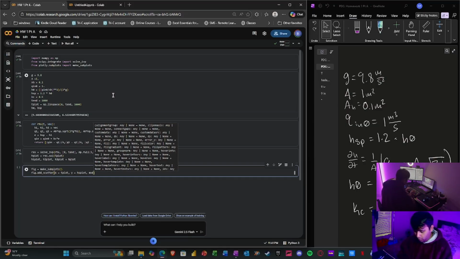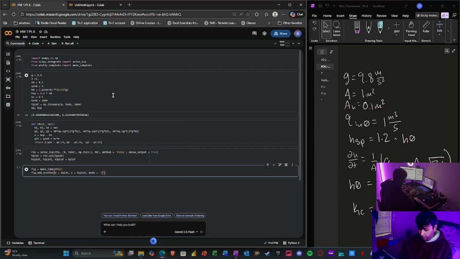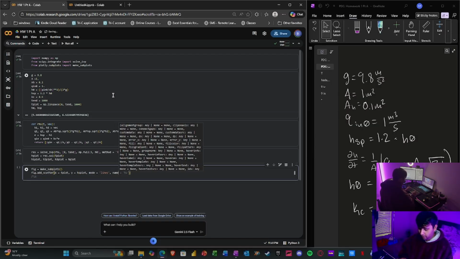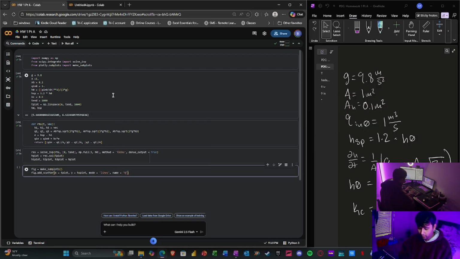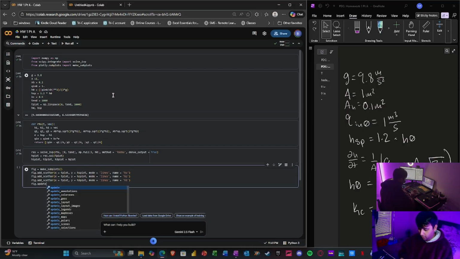And then mode, we want lines, not dots or something. And then name, we want to identify which curve is which. And then since Colab is so kind, it will just do the other two for us, so we don't have to keep doing that.